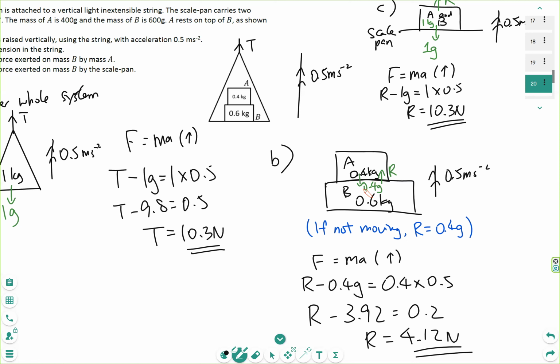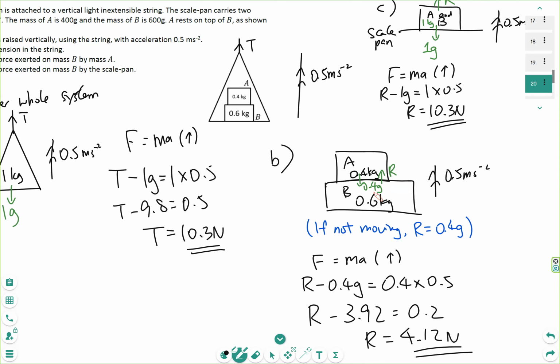So even though the weight is 0.4 g going downwards, the support by B given to A is not just 0.4 g. It's actually R. So using F equals ma on particle A, you get 4.12. That means B is actually providing 4.12 Newton. If you do 0.4 g, that's 3.92. So what does that mean?